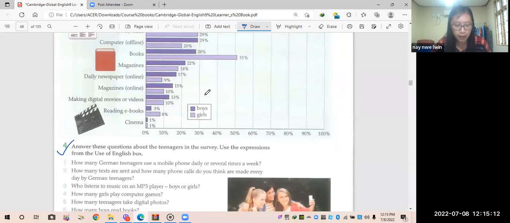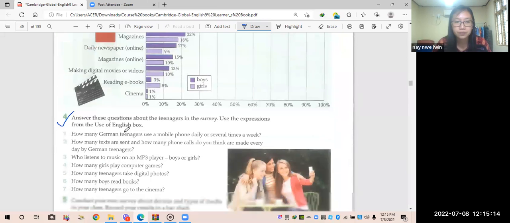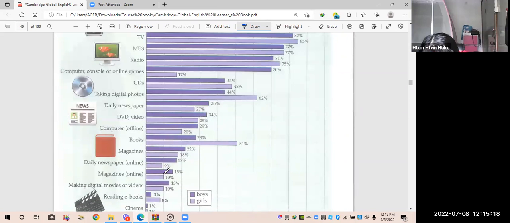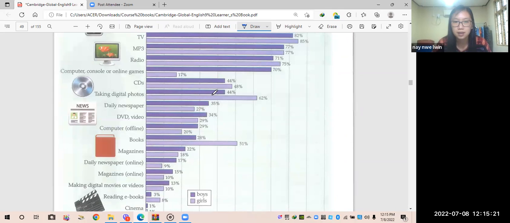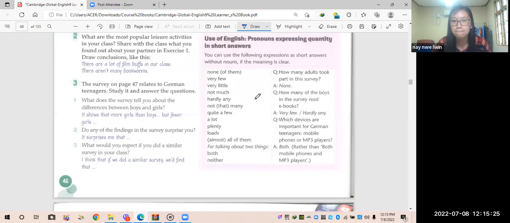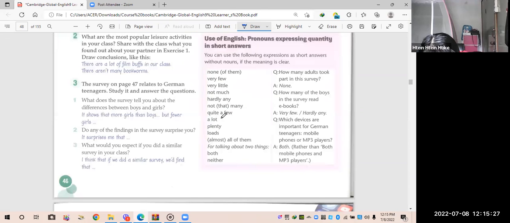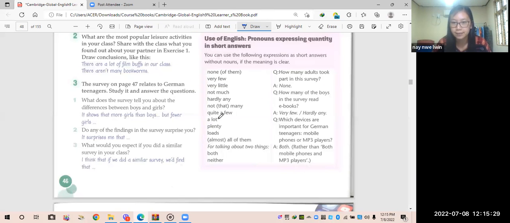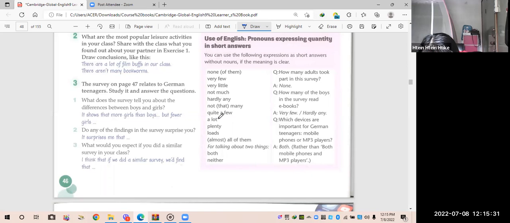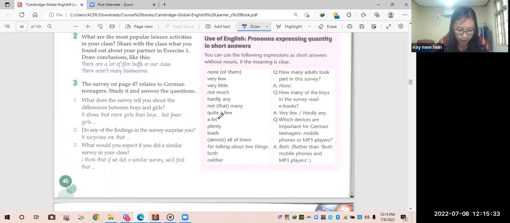Okay, great. And how about number five? How many teenagers take digital photos? Taking digital photos, what is that? Okay, so 44%, 62%, so it's a lot. We can say a lot, right? It's over 50%, right? So a lot.